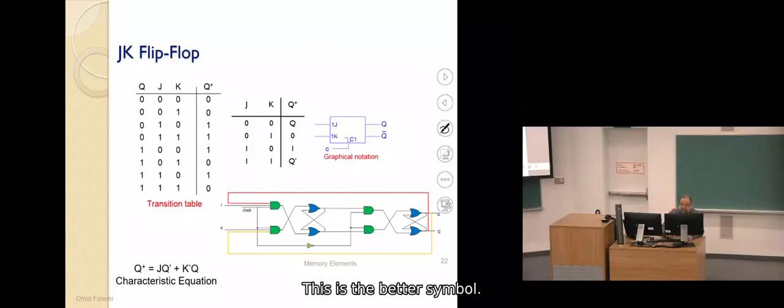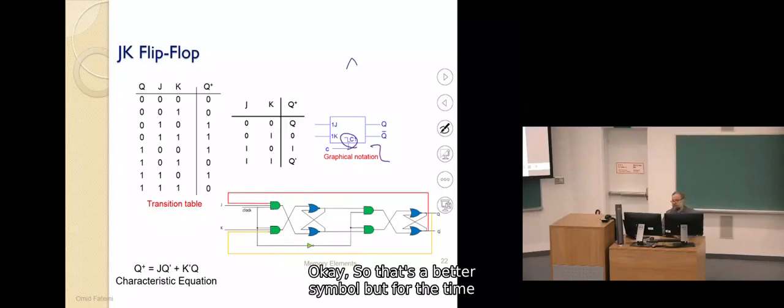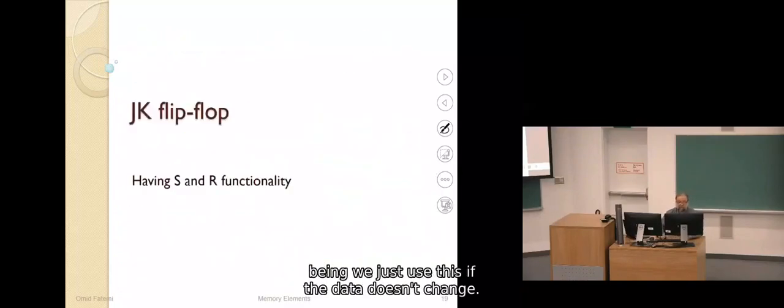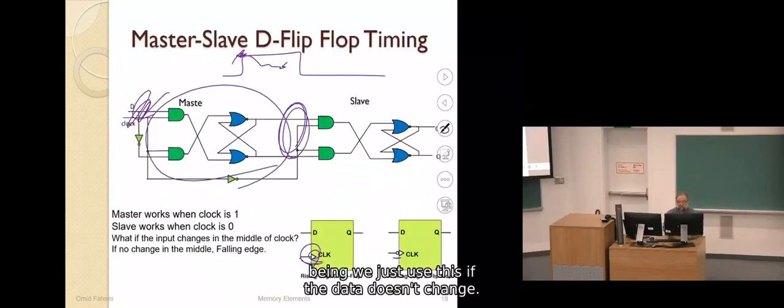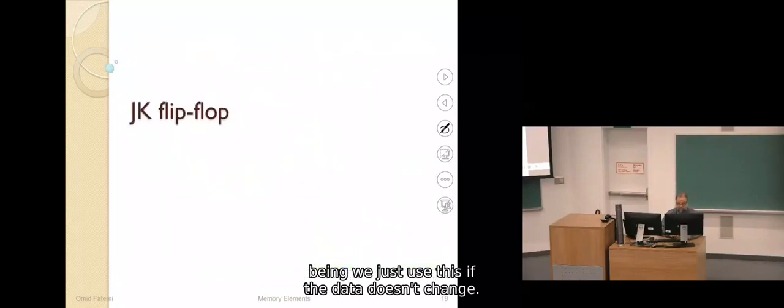Instead of putting a triangle, which means the edge, we put some kind of level, but showing the transition, that it works in the transition period. Okay, so that's a better symbol, but for the time being, we just use this if the data doesn't change.